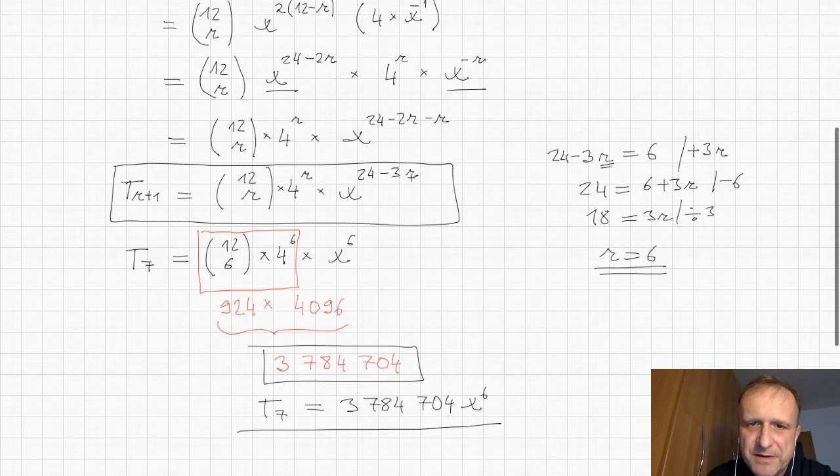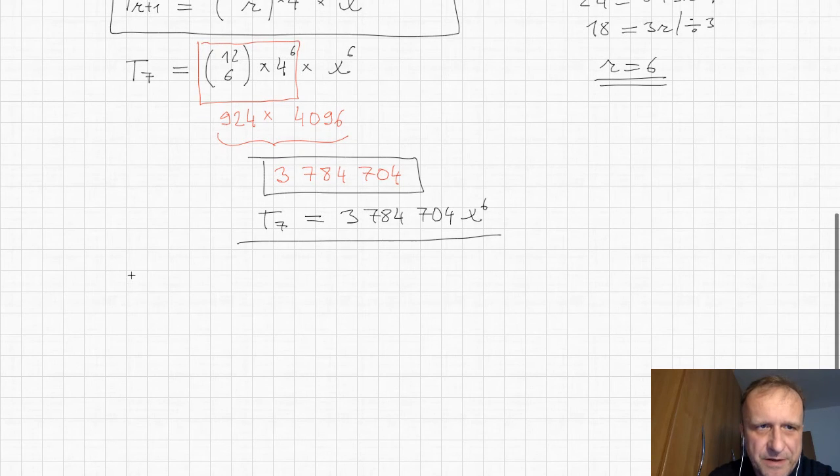So you see, r should be perhaps 8, because 3 times 8 is 24, so 24 minus 24 would be 0. So let me consider the term t sub 8 plus 1, which is t sub 9.